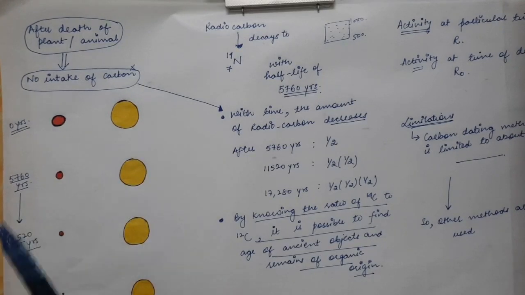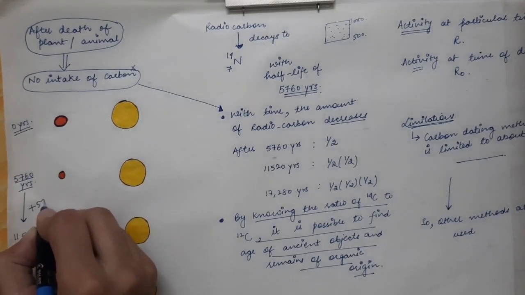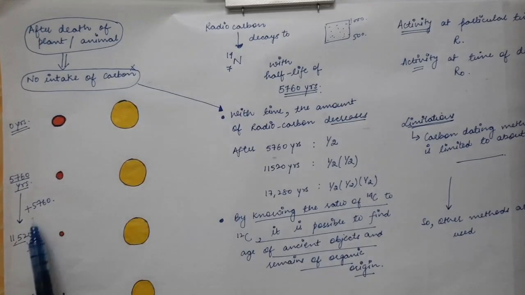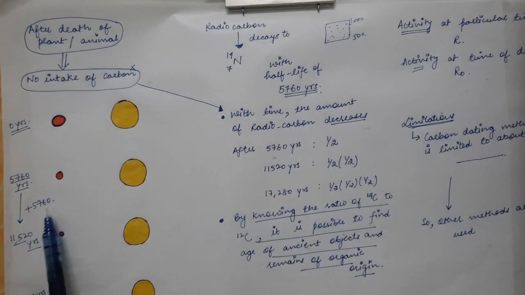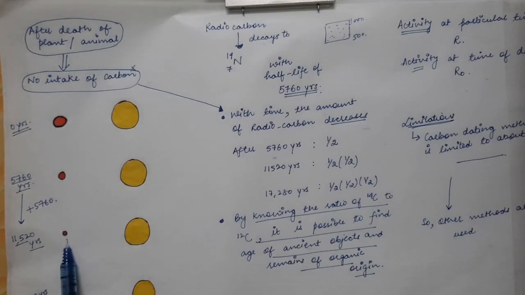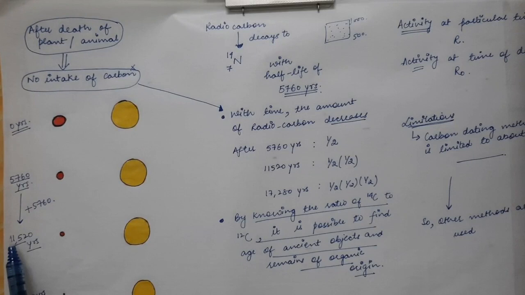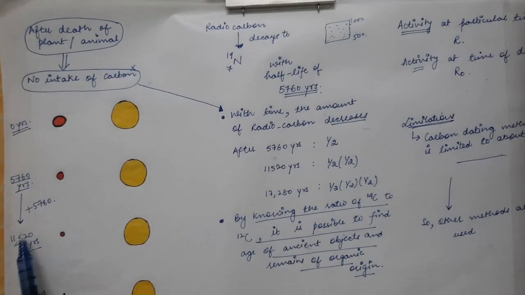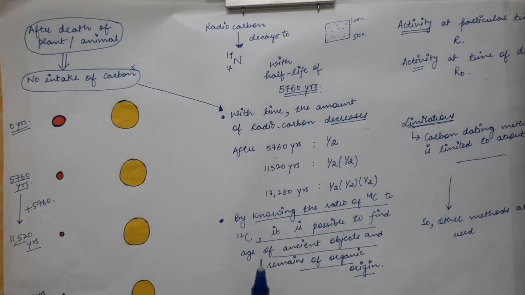Now again after 5760 years, the quantity of radioactive carbon will reduce to its half. That is exactly after 5760 plus 5760, that is 11,520 years.